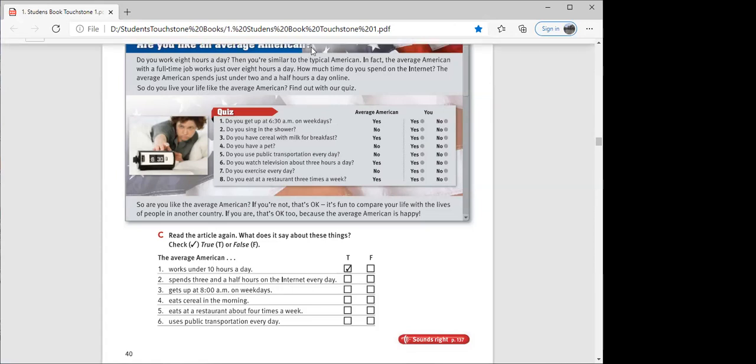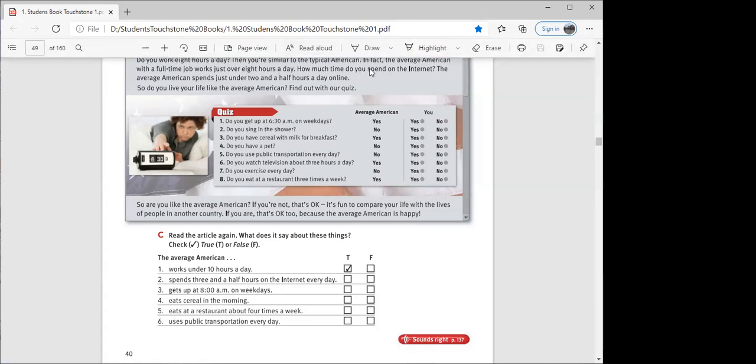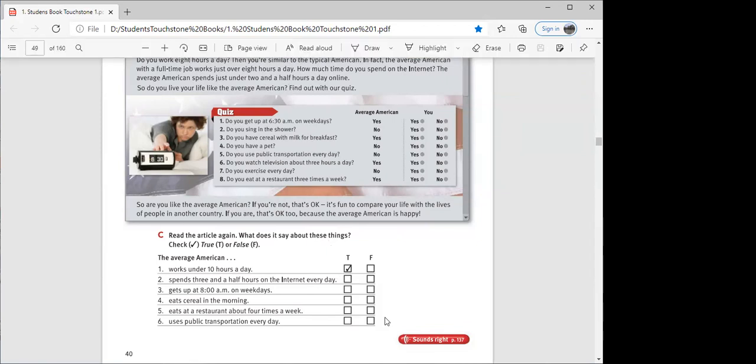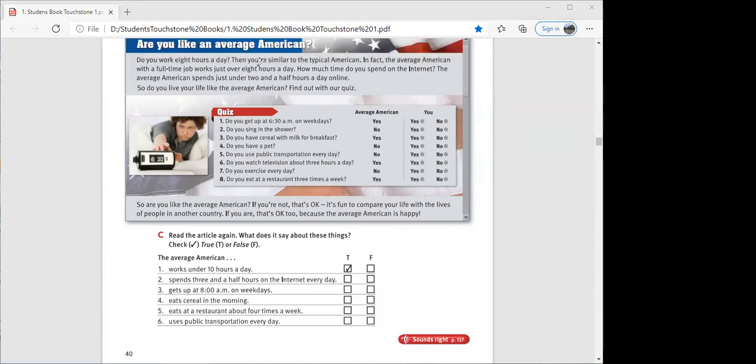Yeah, you can read it here: the average American spends just under 2.5 hours a day online. So internet and online is the same. It says it's 3.5 hours, but here it says 2.5. So true or false? False.